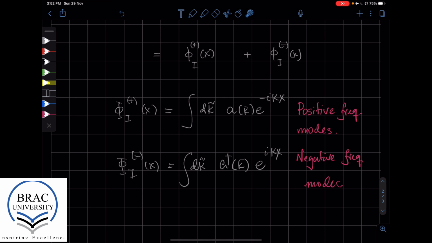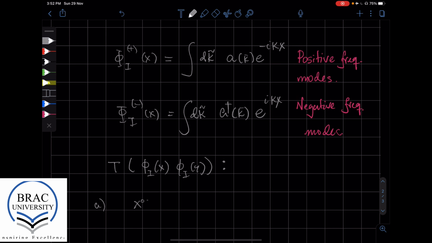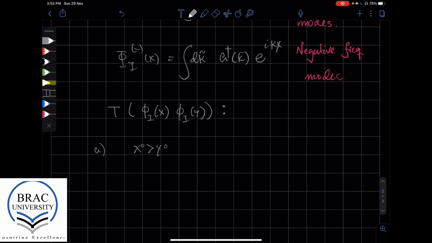So now let's consider the time order product of two interaction picture operators. So I get T of phi I of x and phi I of y. Let's consider the case, let's call it case 1, in which x0 is greater than y0.